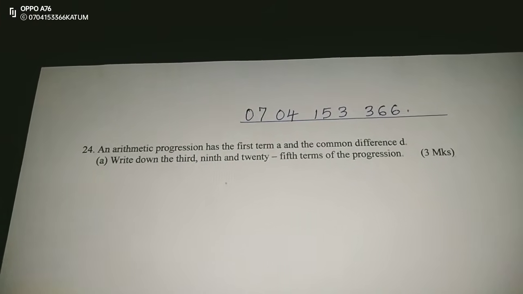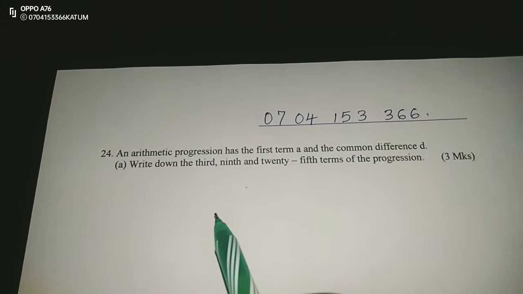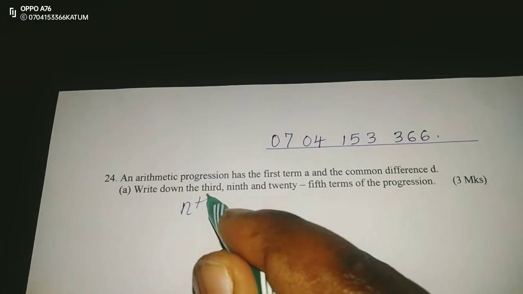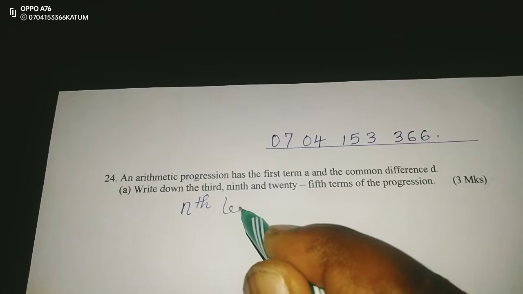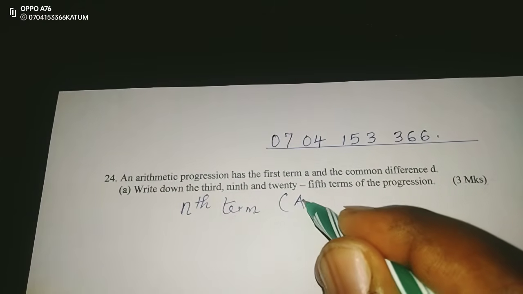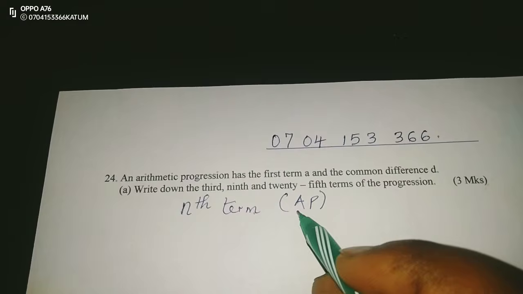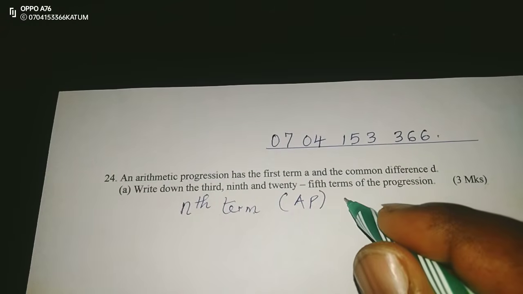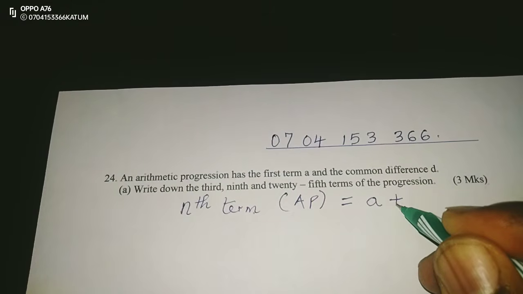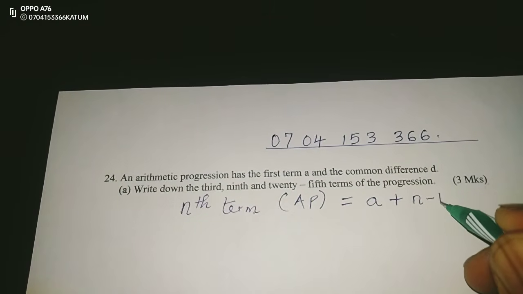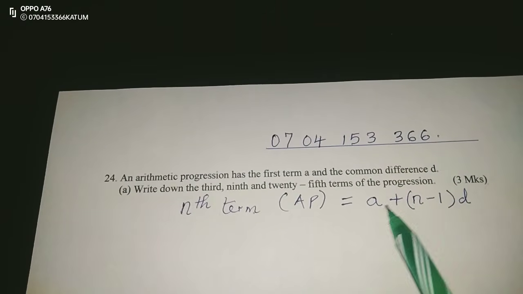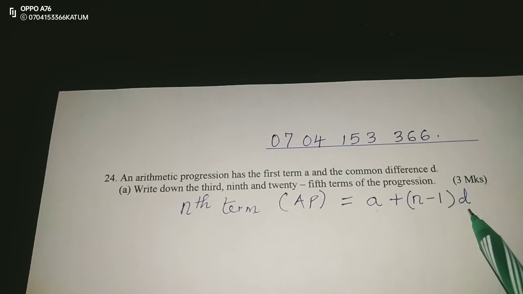That is part A. So we know very well that the nth term of an arithmetic progression or arithmetic series is usually given by, when we take the first term, then we add n minus 1 multiplied by D. In this case, A is the first term, D is the common difference.